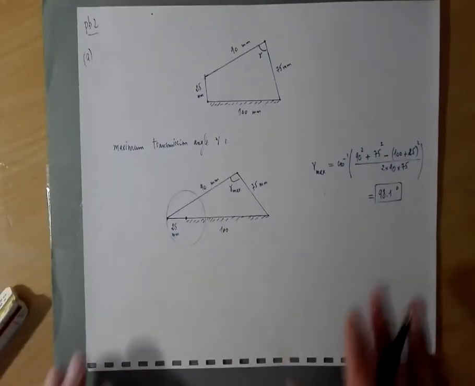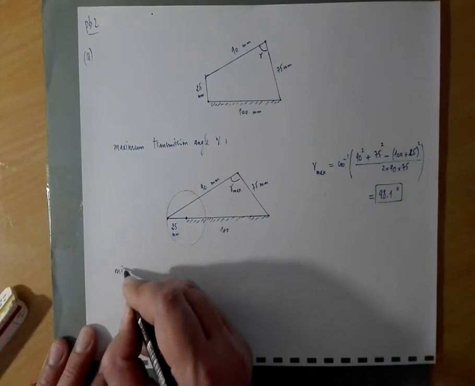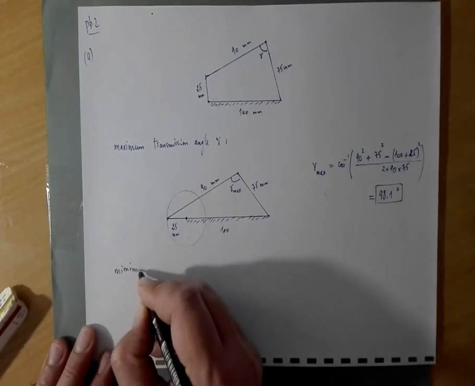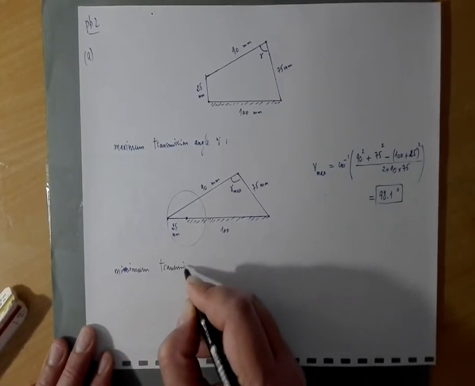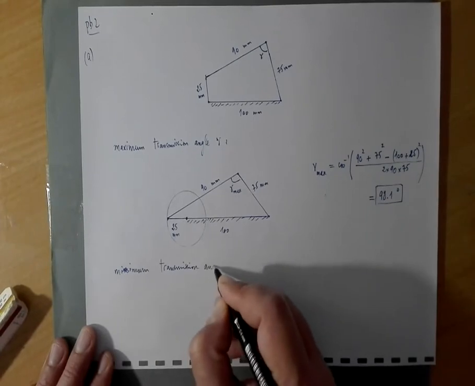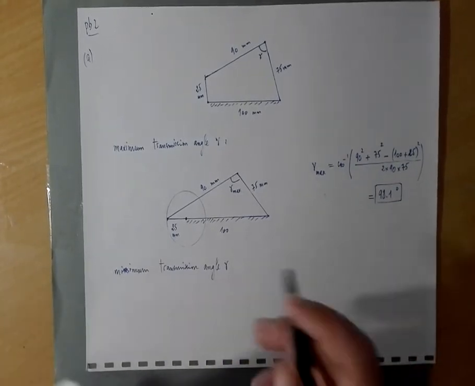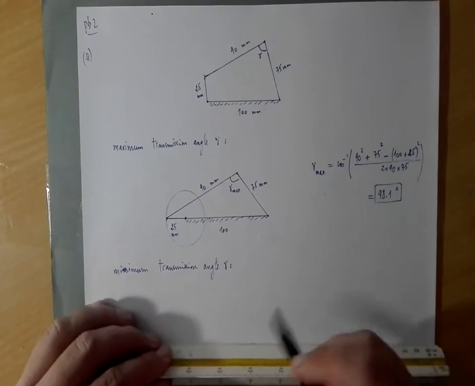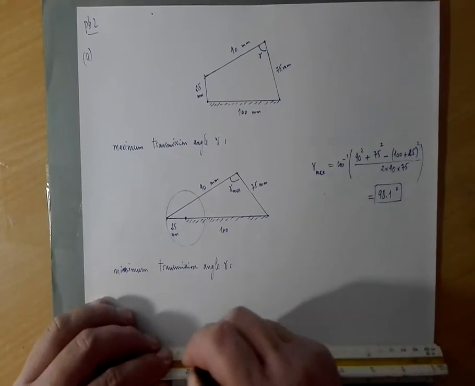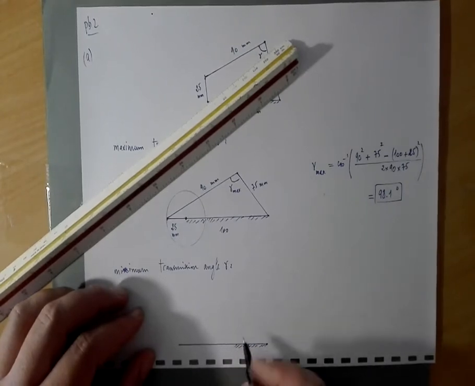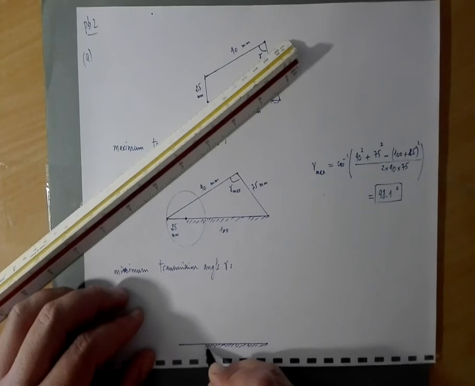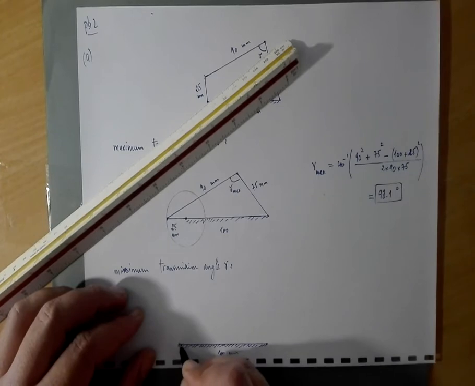Okay, and for minimum transmission angle, gamma, it is when the crank is aligned with the frame, 100 millimeters, but the crank this time lies over the frame, like here.